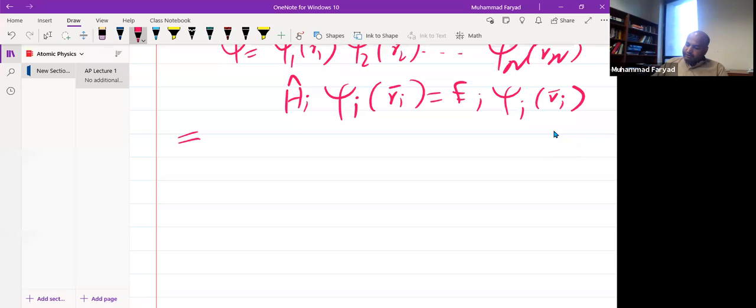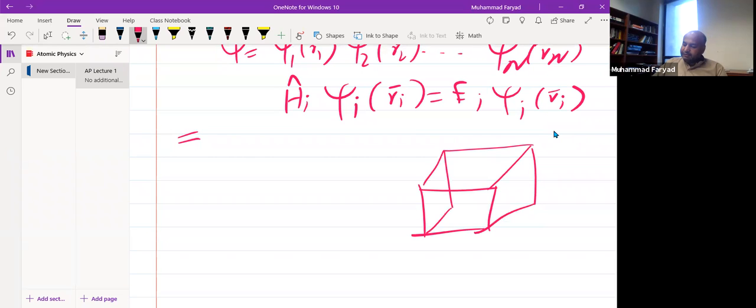Suppose you have a 3D rectangular box and you have some particle in there. Or you have a harmonic oscillator, which is 3D.